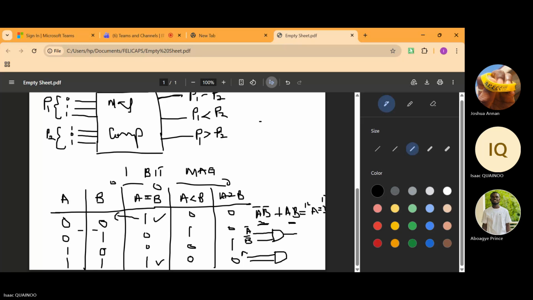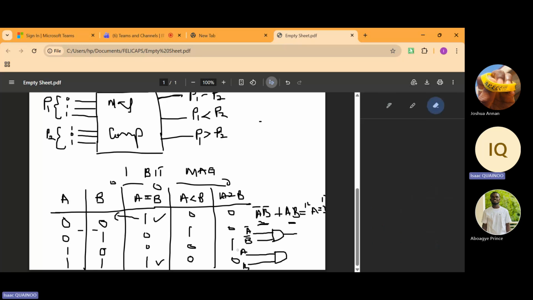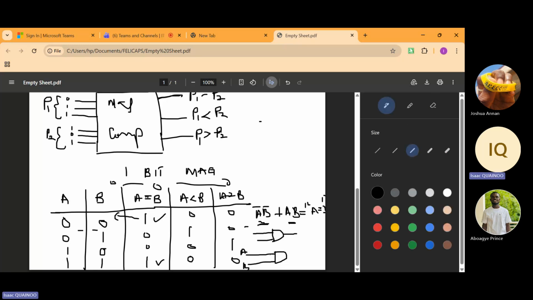So we could just decide to do this right here. You have your A here, you have your B here. Let me just erase this. And so we are going to pick A right from here to here, and invert it.